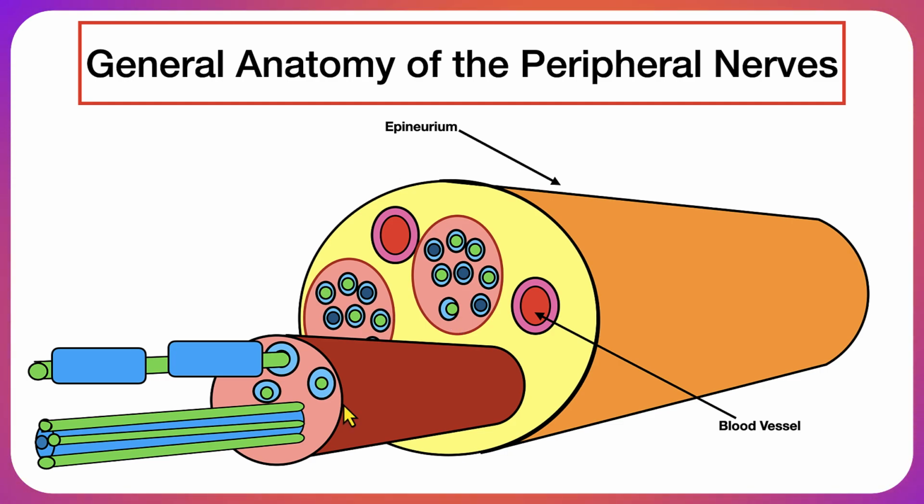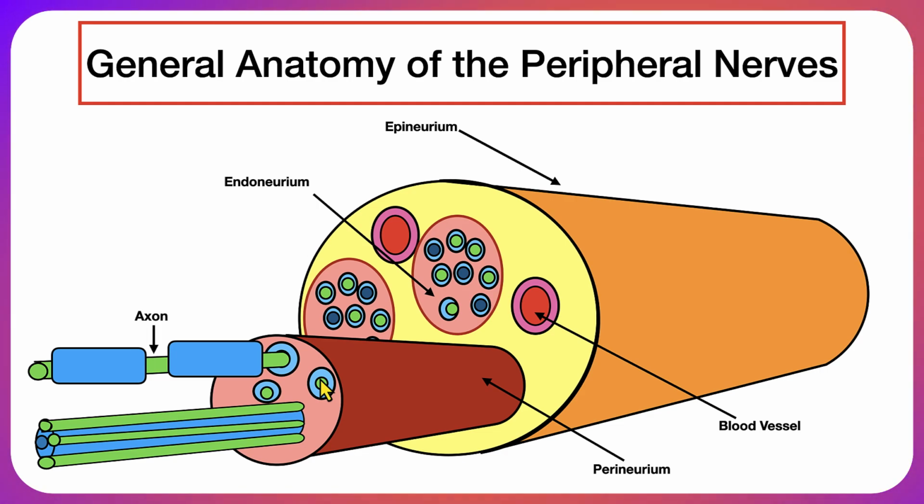Now, these fascicles are going to have connective tissue. The outer layer of connective tissue that surrounds each fascicle is called the perineurium, and the connective tissue inside the fascicles is called the endoneurium. Now, like we said, inside these fascicles we have these axons that are bundled together, and these axons can either be myelinated or unmyelinated.